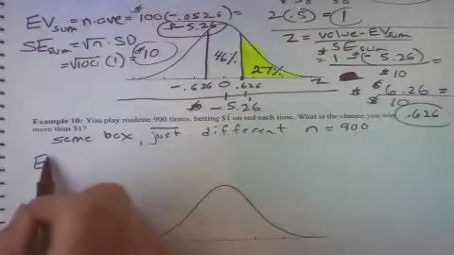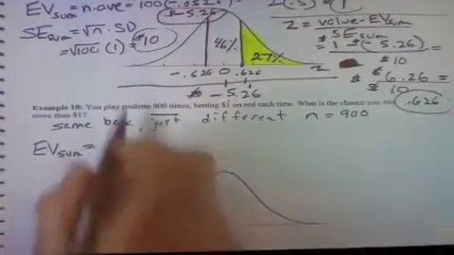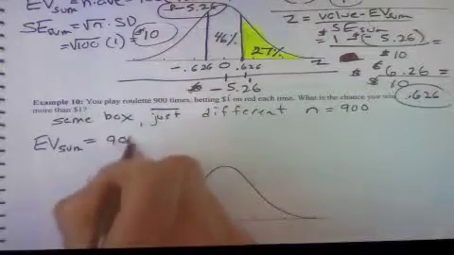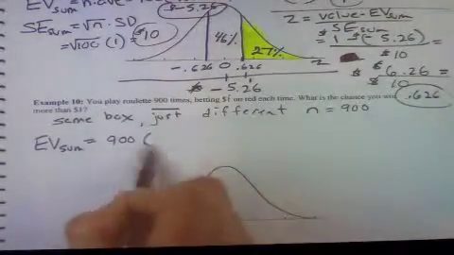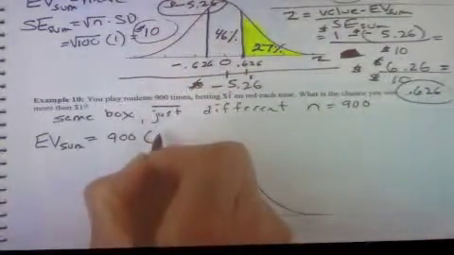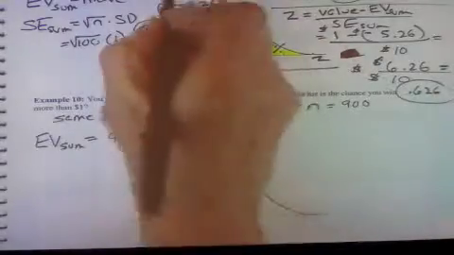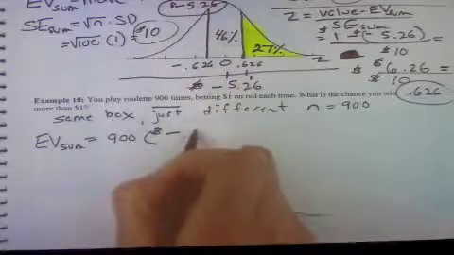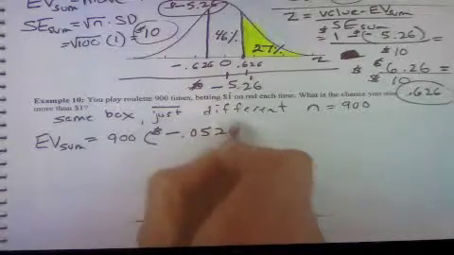Our expected value for the sum, instead of 100, is going to be 900 times negative 0.0526.